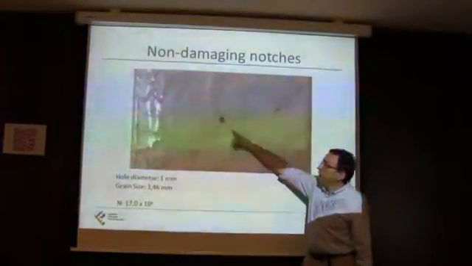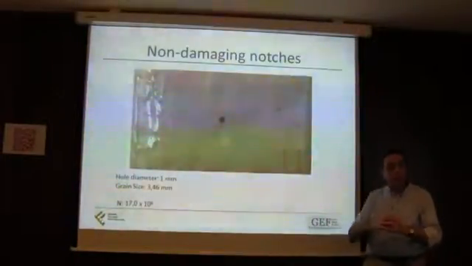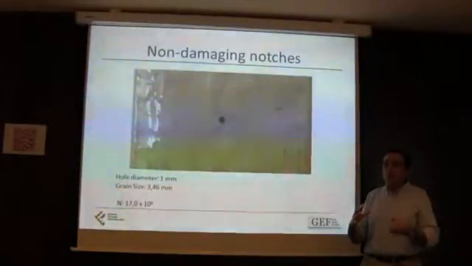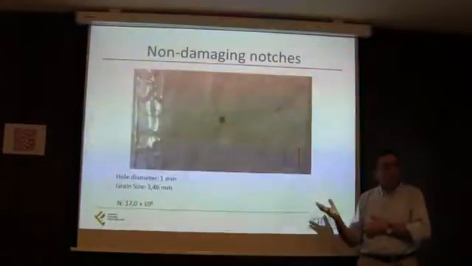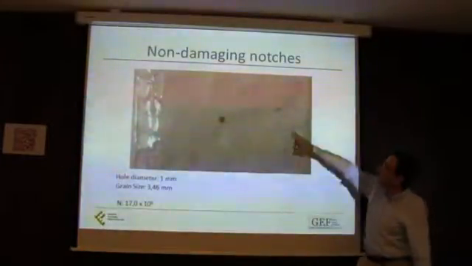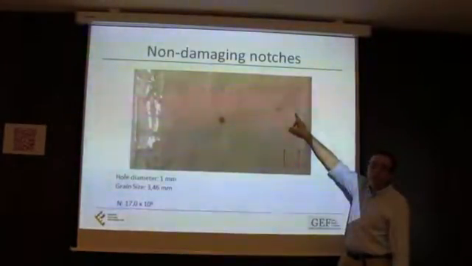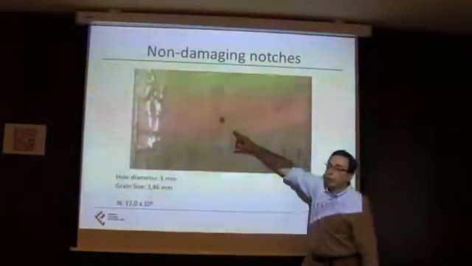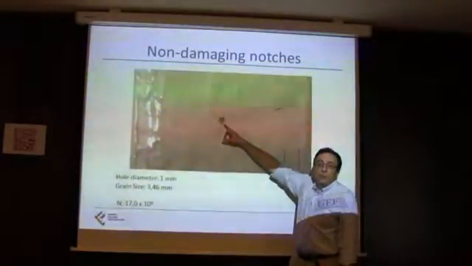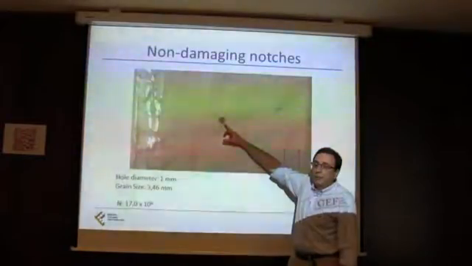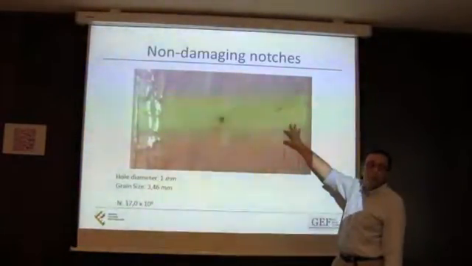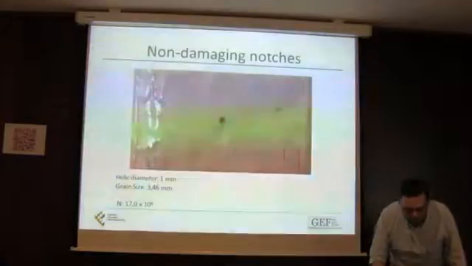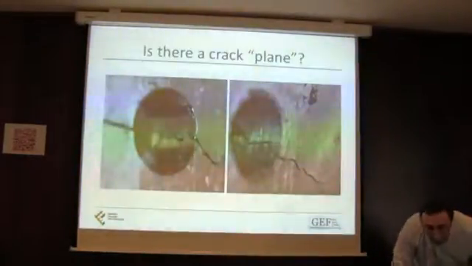When the size of the hole is sufficiently small with respect to the grain size, the hole doesn't play any role in the fracture by fatigue of the specimen. You have cracks growing somewhere else. Perhaps this grain was better oriented than this one, and the stress concentration here, which is of the order of 3, doesn't make any difference for the crack to grow. So you have all sorts of complicated behavior there.